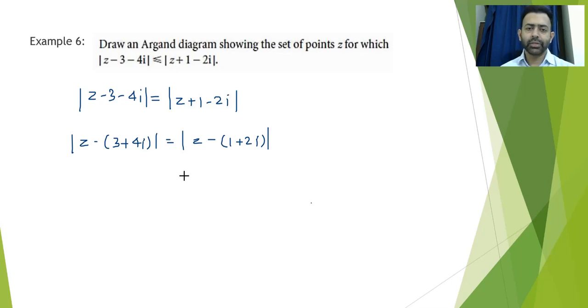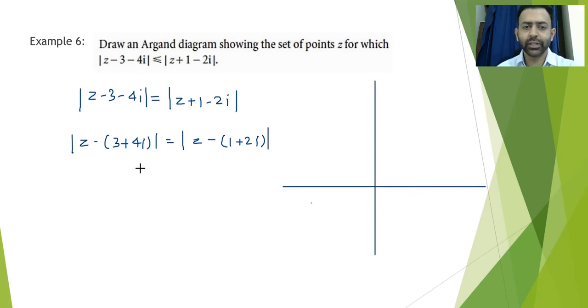So in an Argand diagram, I have this as the Argand diagram, and there are 2 points. One is 3 and 4. So this is 3, this is 4. Let us say this point is A, which is 3 comma 4.